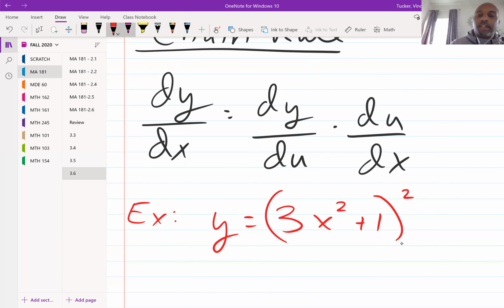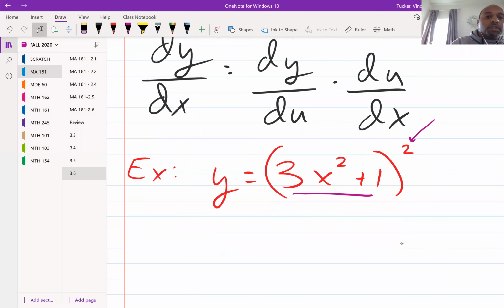We have an inside function right here that we have to account for, 3x squared plus 1, but we also have an outside application, which is the square that we have to account for when we take the derivative. And so that's pretty much how I process it: I take the derivative of the outside and the derivative of the inside. All right.